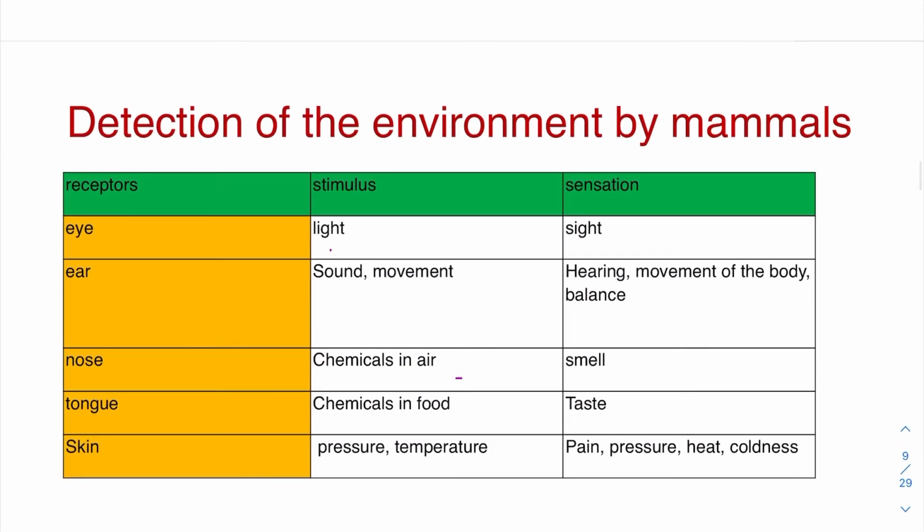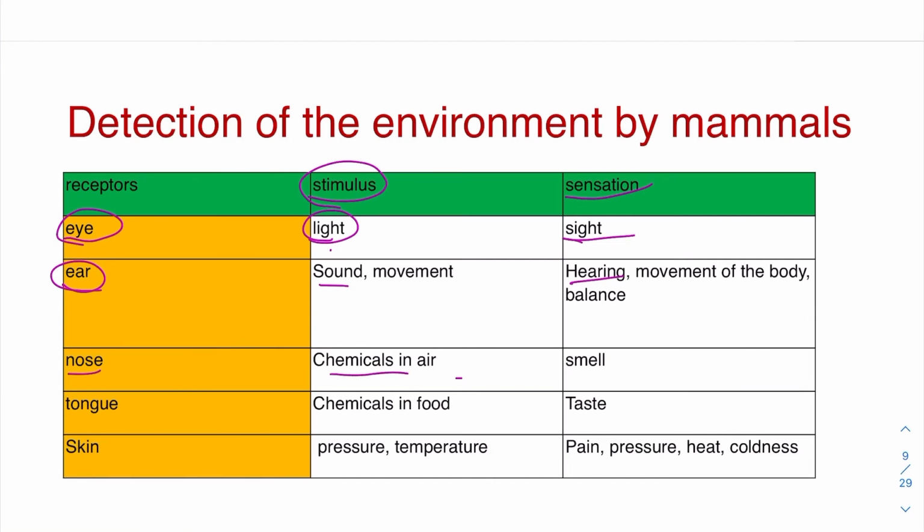In this table we can see some examples. For example, the eye is a receptor, the stimulus for the eye is light, and the sensation is sight, seeing. The ear senses sound, and the sensation is hearing, and movement of the body, balance, for example.